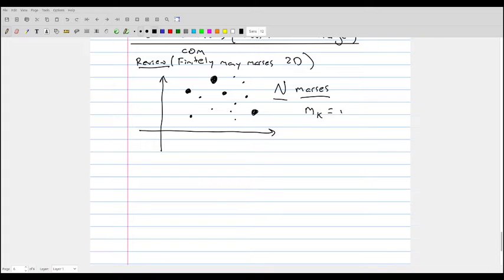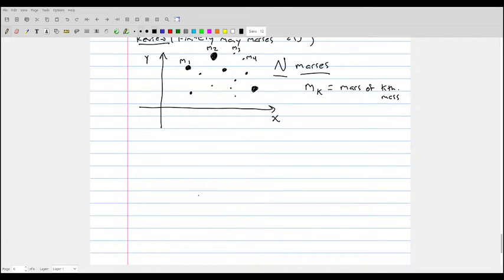So mk is going to be the mass of the kth mass. So this, say, could be m1, m2, m3, m4, and so on and so forth. So assume that you have n masses. The exact value for the center of mass of these n masses is going to be the sum.